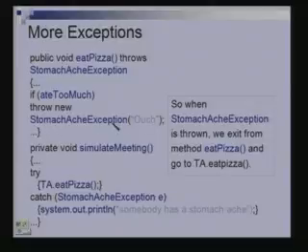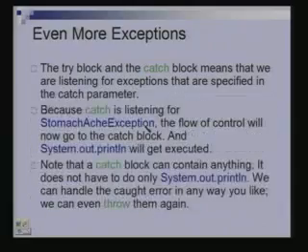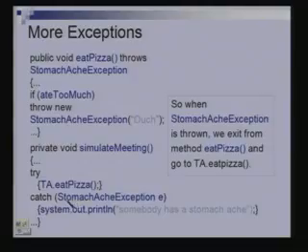So, a stomach ache exception itself is a class, and I am creating an object of this class by making this call. Isn't E the object? Yeah. So, when this is caught, this E would get assigned the object that is created by this statement.